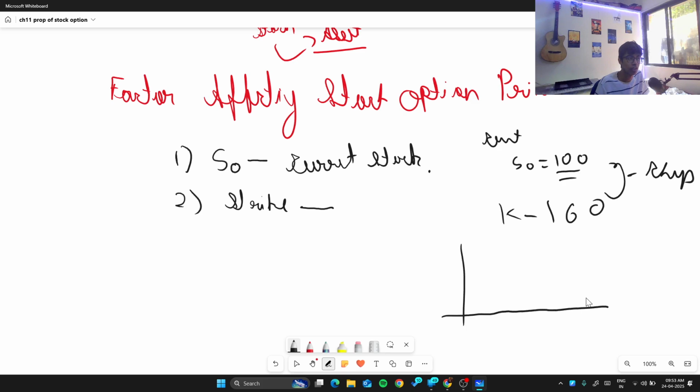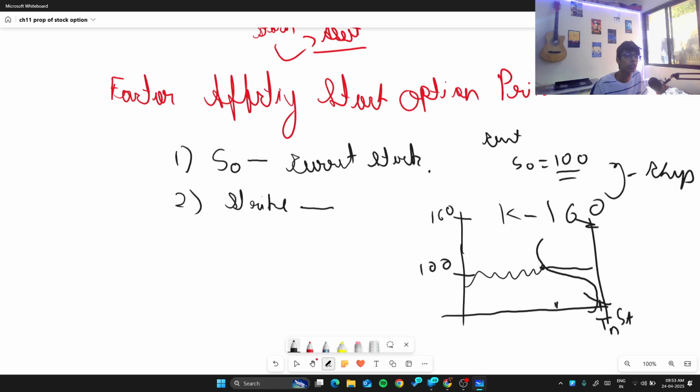This is our graph, and the stock is at 100, and the strike price is at 160. The probability of the price reaching that at maturity T, or ST, is very low, as it is a normal distribution.